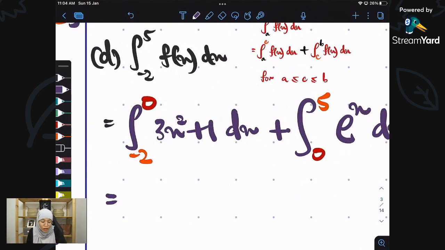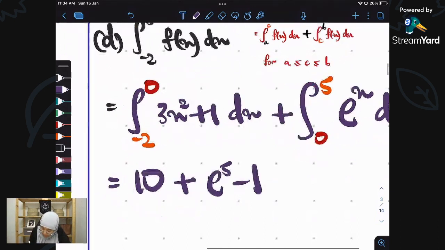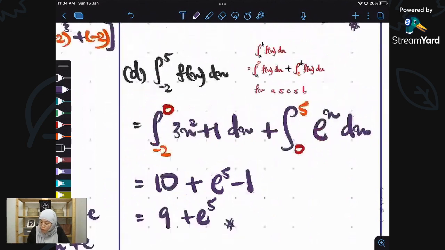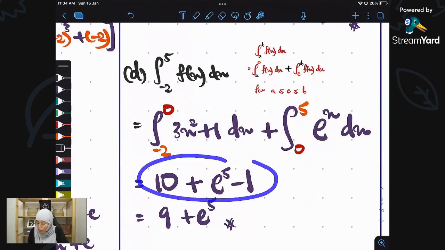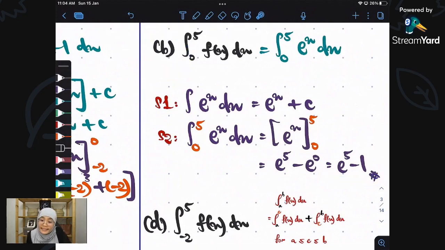We don't have to calculate it anymore. The first here is 10, and the back here is exponent 5 minus 1. Therefore, the answer is just 9 plus exponent 5. You tak perlu lagi kira sebab you sudah pun ada jawapan di soalan A dan soalan B. So, you tinggal pakai sahaja jawapan ini.